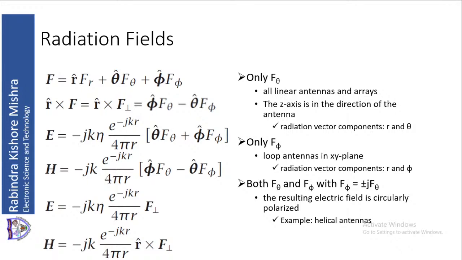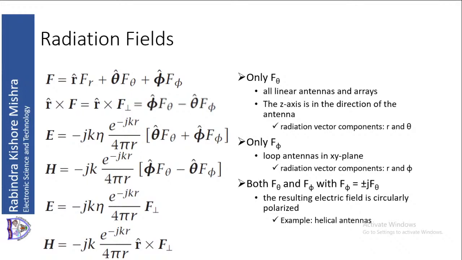So with this, we come to the end of today's discussion. Now, I request you to read this carefully and remember these expressions for E and H. If you don't remember anything from this class, no problem, except the last slide: E and H in terms of F theta and F phi.